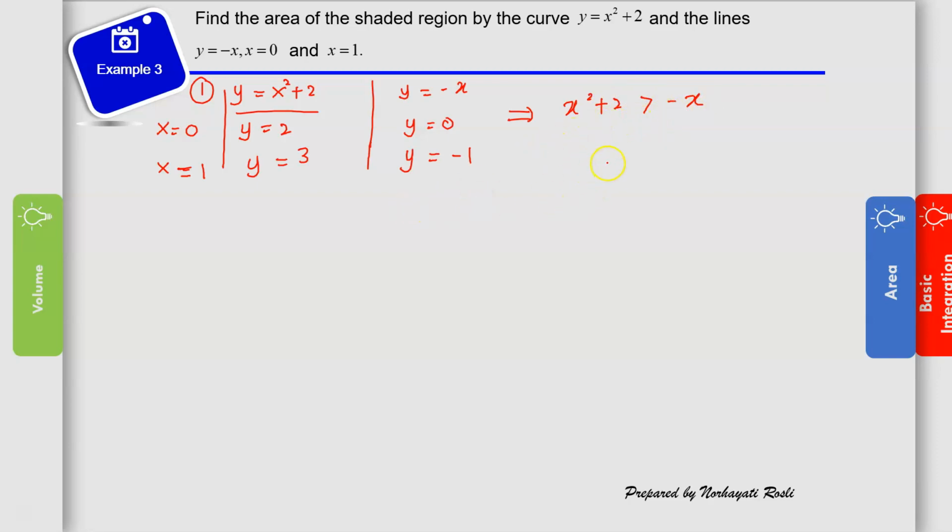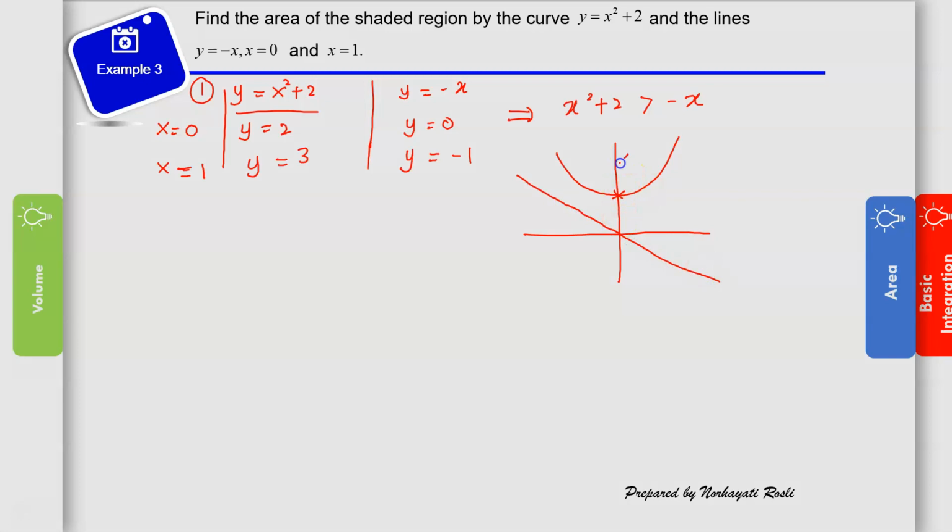The other way is to plot a graph, but maybe this takes time. So actually, the graph for this one is given by this shape, crossing at y equals 2 here. And the line y equals negative x is given by this line.